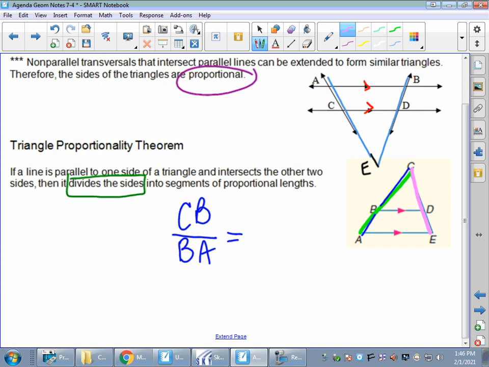I'm going to put the same piece on top. So I'm going to do CD over DE. You just have to be careful. We couldn't put DE on the top here because DE is sort of corresponding or straight across from AB. So we have to make sure we line that all up. Once we've got ourselves a proportion set up, we are good to go with solving it, right? So setting up's the harder part.